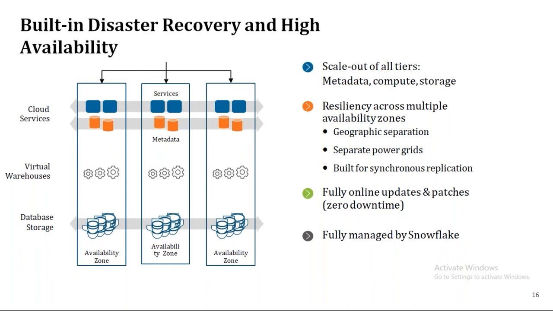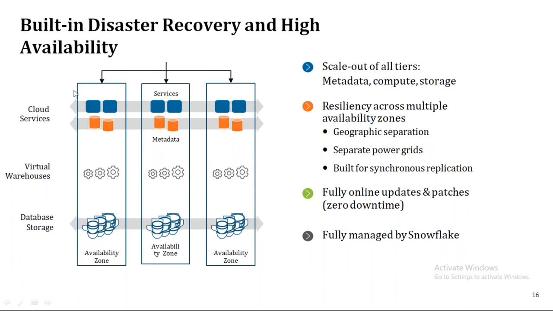That's it. These people are not making sure of the data availability; that is provided by the cloud itself. And whatever data you are storing in Snowflake, they are not storing in one availability zone. They are storing the data in three different availability zones.